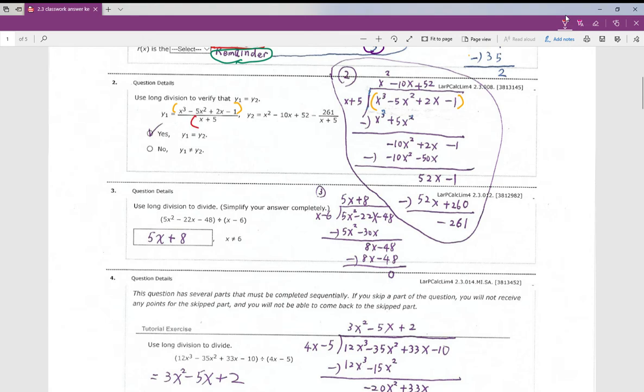After you divide, you have a quotient here. And finally you have a remainder here, which is negative 261, and the divisor is still the same divisor.